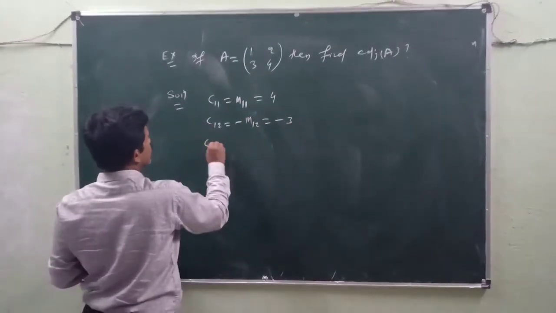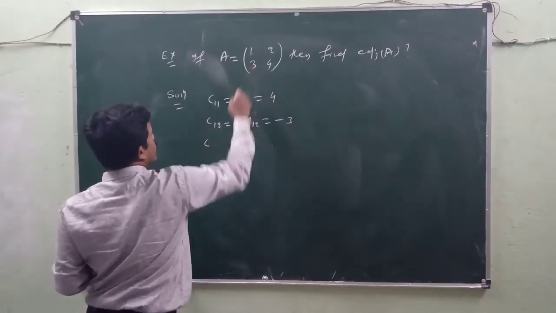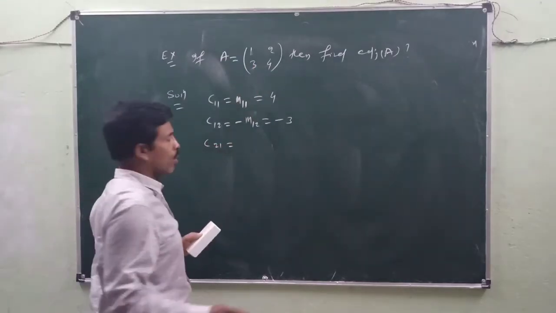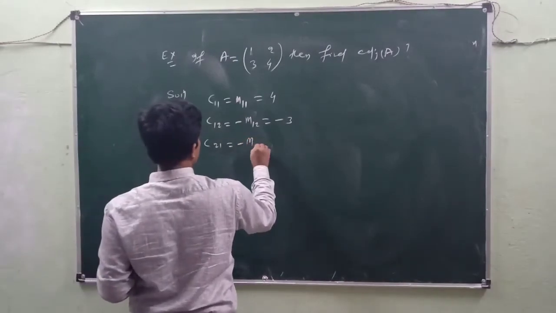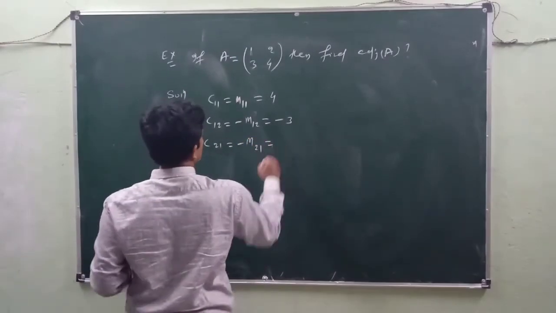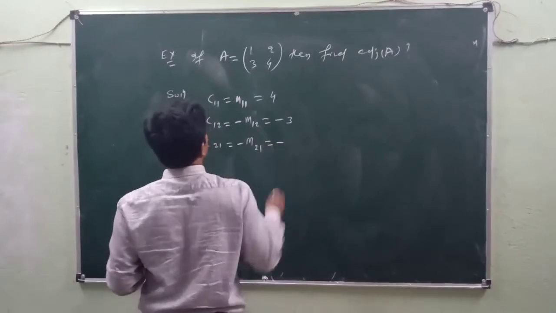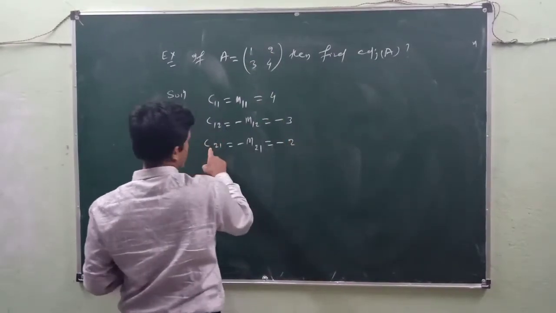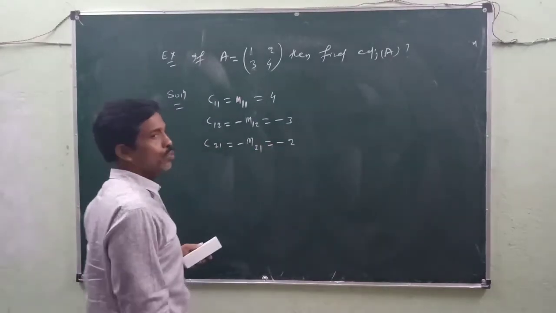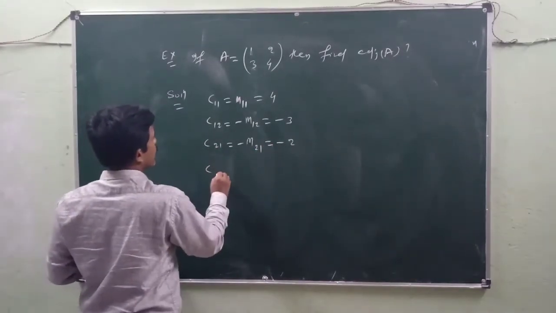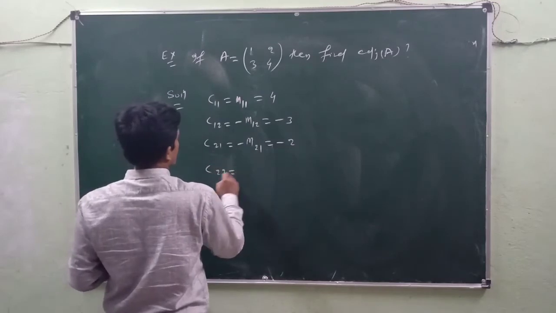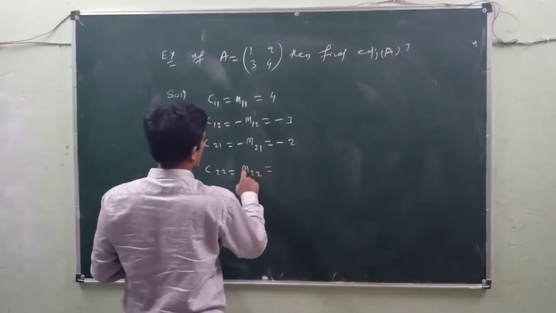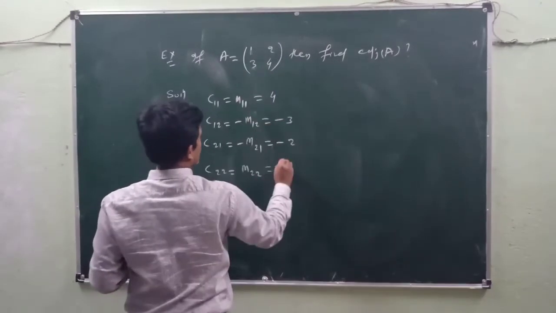Again C21, the cofactor of 3: since 2 plus 1 is 3, odd, it will be minus the minor of 3, which is 2, so C21 will be minus 2. Then C22 will be the same as M22, and the minor M22 is 1.